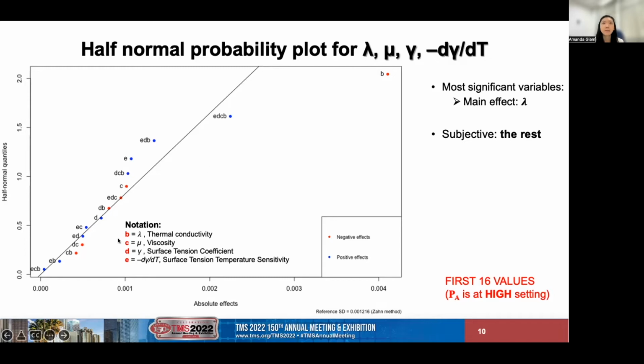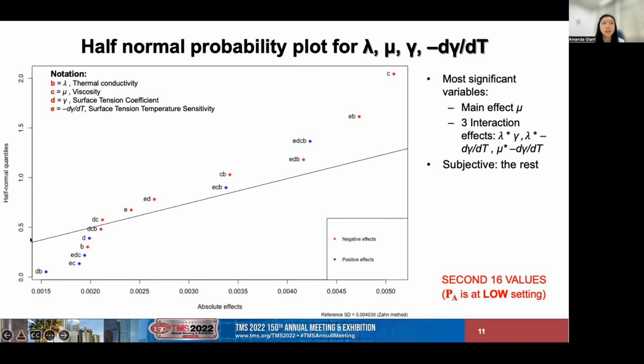And we see that from this plot, the most significant variable is identified to be B, which is the thermal conductivity, and the rest, since similarly they are near the line, they are subjective, right? So now we see for the next 16 values, corresponding to when the laser power absorption was at the low setting, the most significant variables are the main effect of the viscosity, as well as 3 interaction effects that lie far from the line, right?